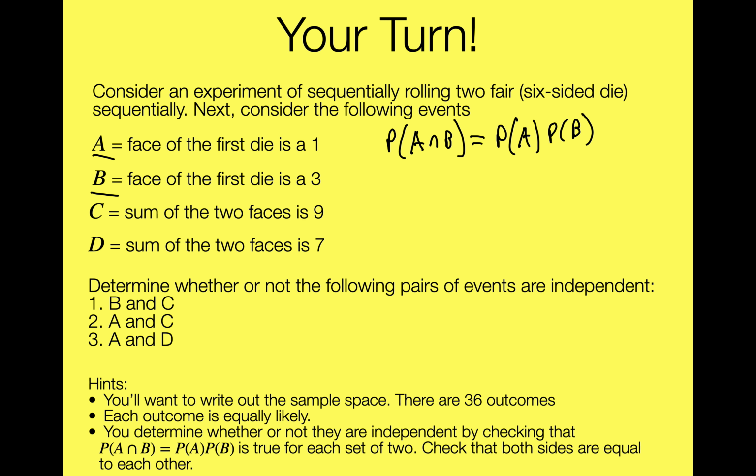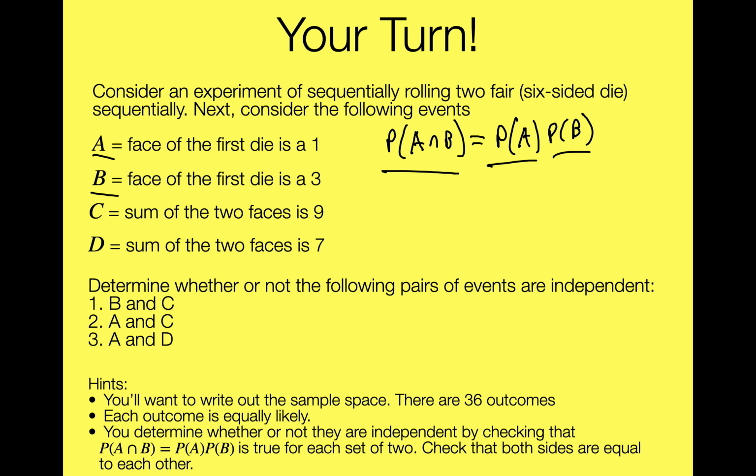I need you to check if this side is equal to this side. Okay, so you have to think through these problems, think through rolling the dice. I'll give you some hints down here. I want you to actually write out the sample space. There are 36 outcomes. Each one is equally likely because they're fair dice.